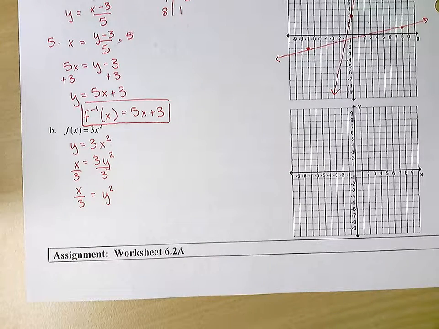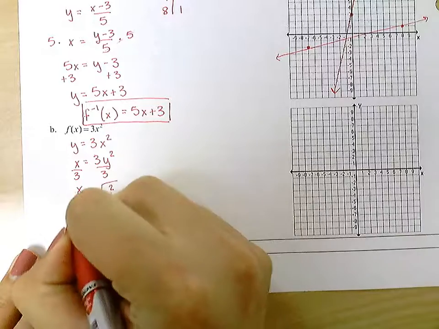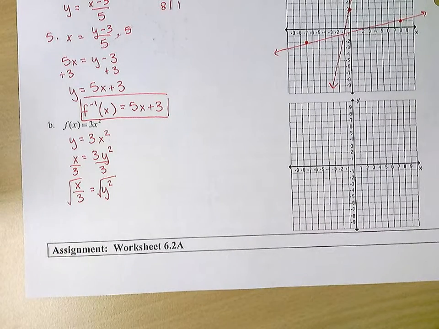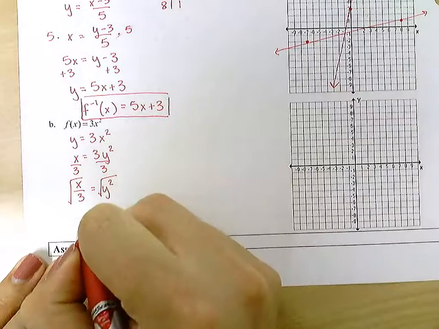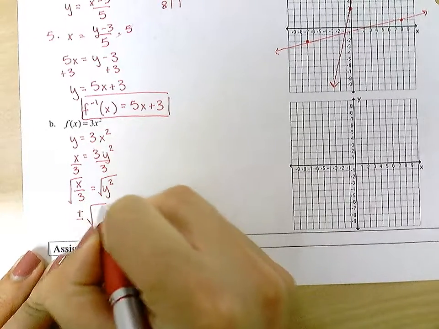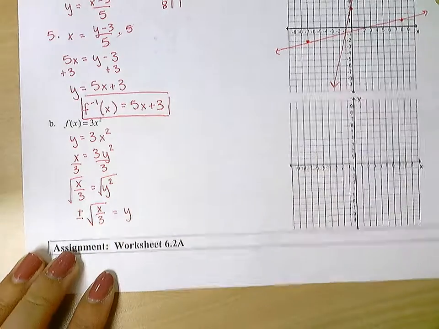Okay, y isn't by itself yet though. What can I do to get y by itself? You can take the square root of both sides. Now when I take the square root of both sides, this plus and minus piece comes in. So I end up with plus or minus the square root of x over 3 equals y.